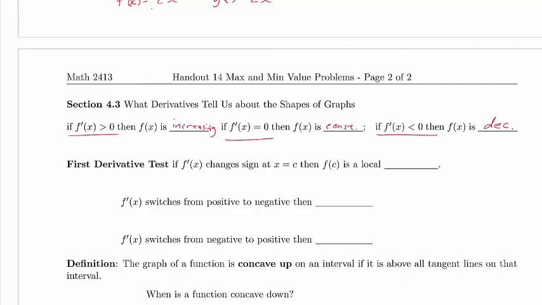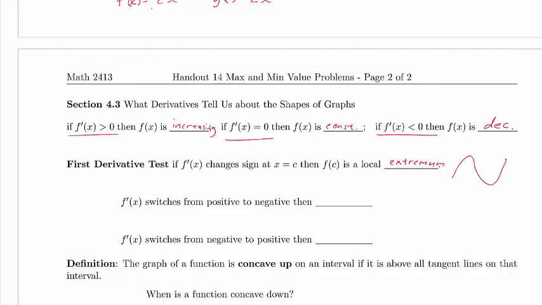So let's go ahead and look at the first derivative test. If our derivative changes sign at x equals c, then f of c is a local extremum. And that simply means that we would have a local max or a local min. That's what extremum means. And so, note what's going on.